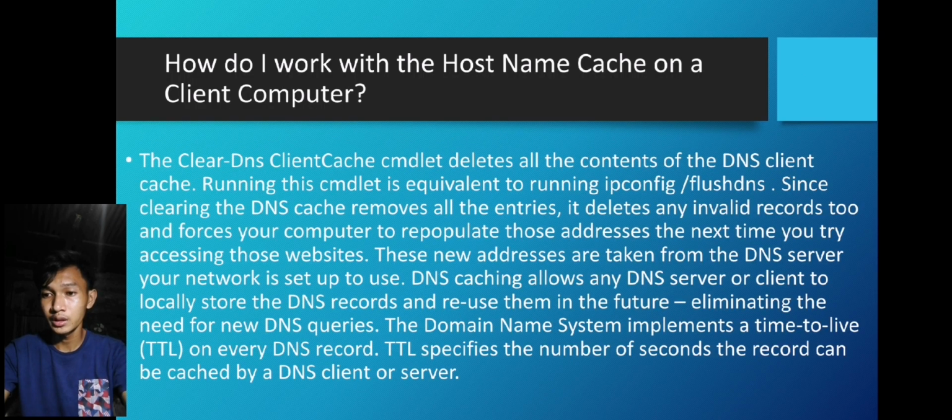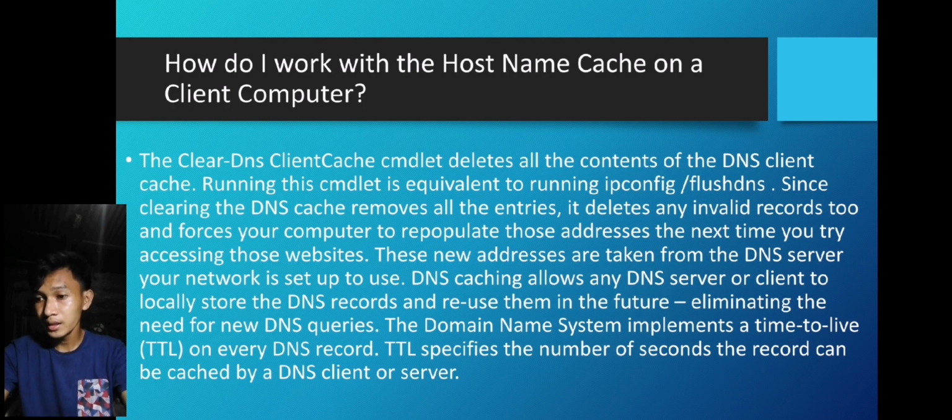And the next question is, how do I work with a hostname cache on a client computer? The client DNS cache command deletes all the content of the DNS client's cache. Running this command is equivalent to running ipconfig /flushdns, since clearing the DNS cache removes all the entries.